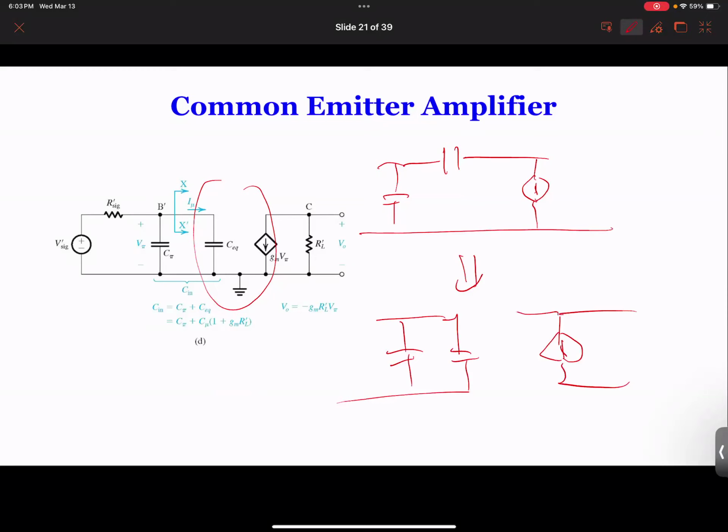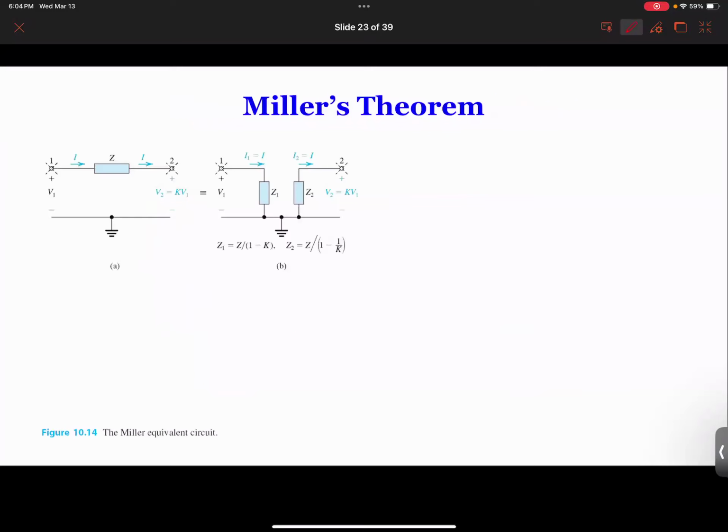In fact, there is a capacitor over here, but this capacitor is so small we neglect it. But how do you do that? What we did was some mathematics, looking at IGD small and things like that. But in fact, there is a theory you can use to do that easily, and this will be very useful. We're probably going to use this quite a few times in the future.